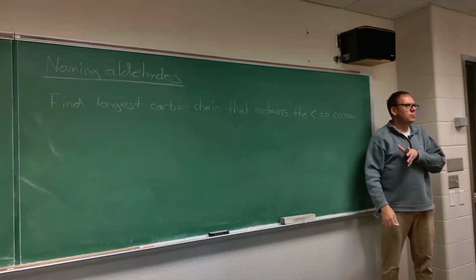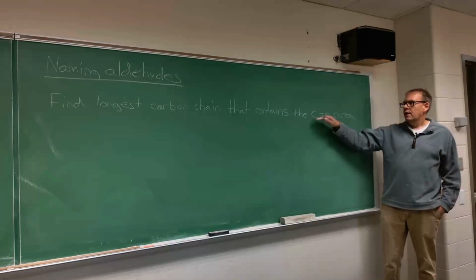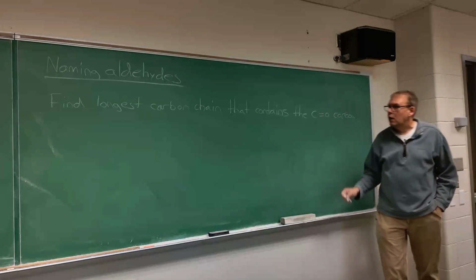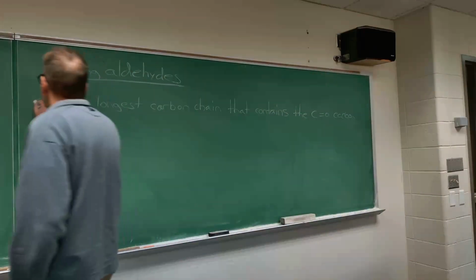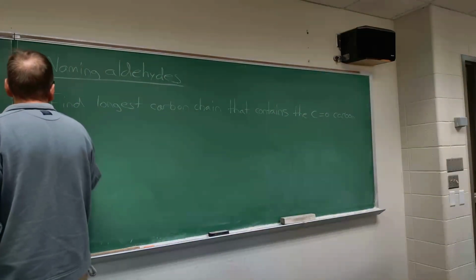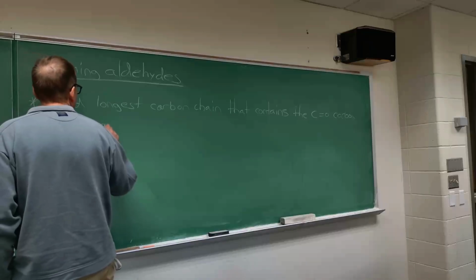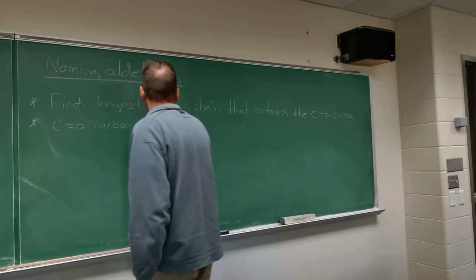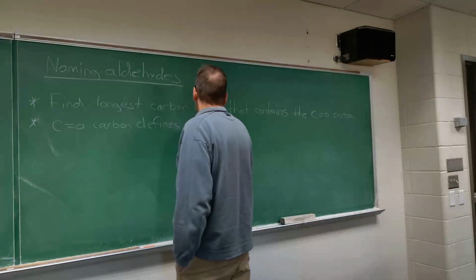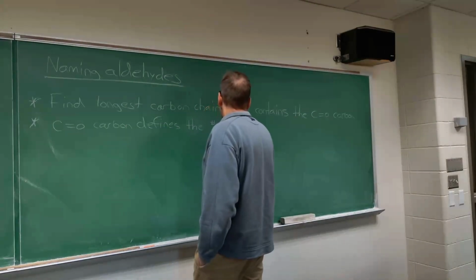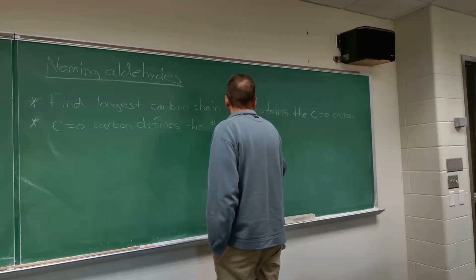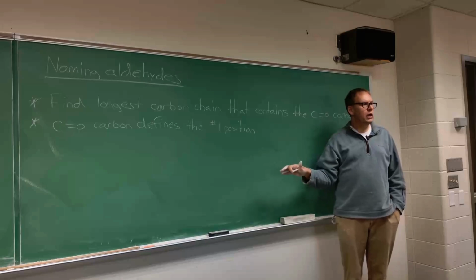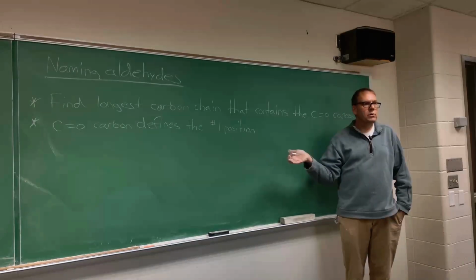That's the most important part of the molecule, so we're always going to look for that carbon to be represented in the longest carbon chain, and it's going to mark the 1 position as well. So I'll say these two things about it. The C double bond O carbon defines the number 1 position. So you don't need to tell people where the carbonyl is located because everybody knows it's going to be on the end of the chain and it's going to be the 1 position.